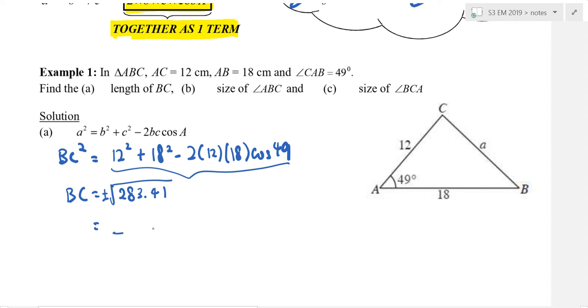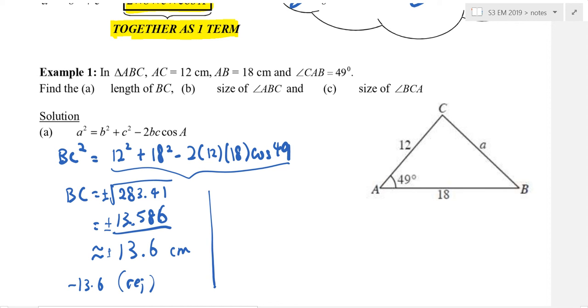So what's the answer? 13.586. Round off to 3 SF, 13.6 cm. The plus minus is not so critical because negative 13.6 will be rejected. In this context, we are referring to the length, so you don't need the plus minus.